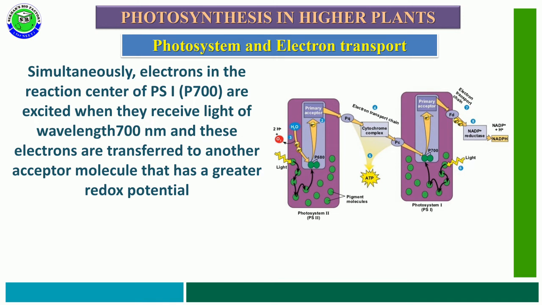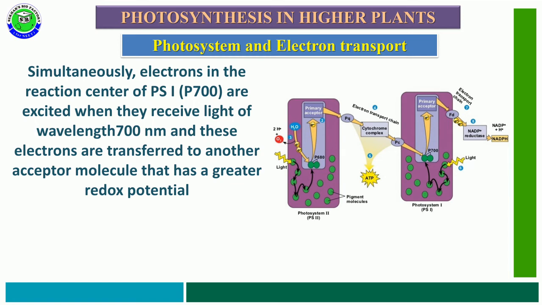At this time, a greater redox potential occurs, and due to the electron deficiency in P700 of PS1, the electron present in cytochrome is supplied to P700, which gets satisfied after receiving the electron.